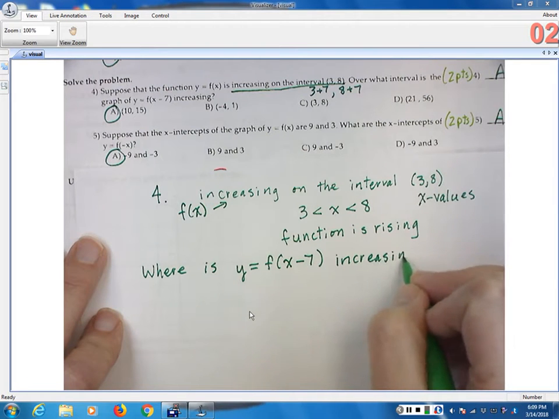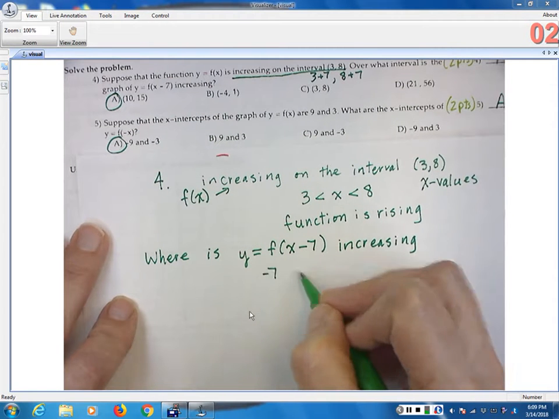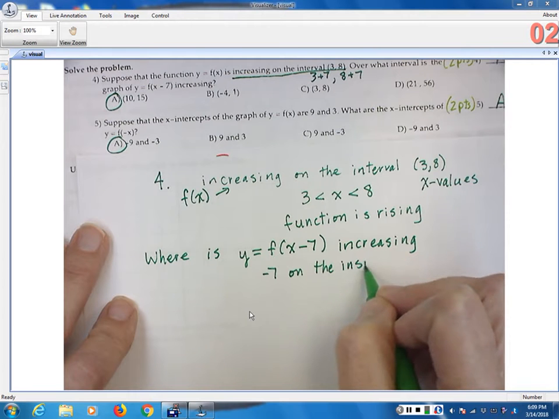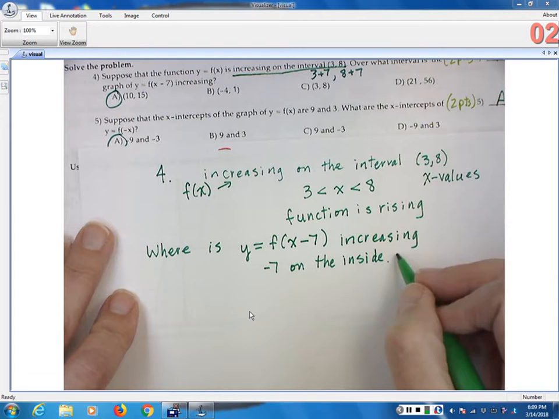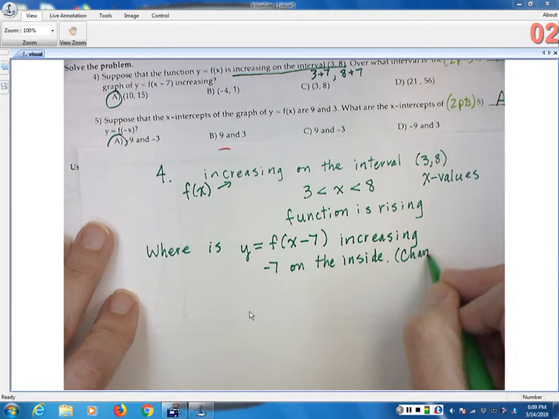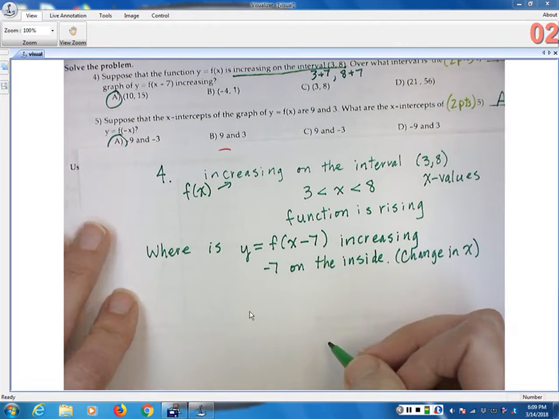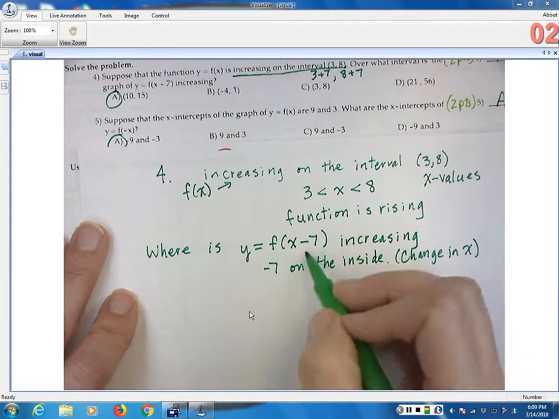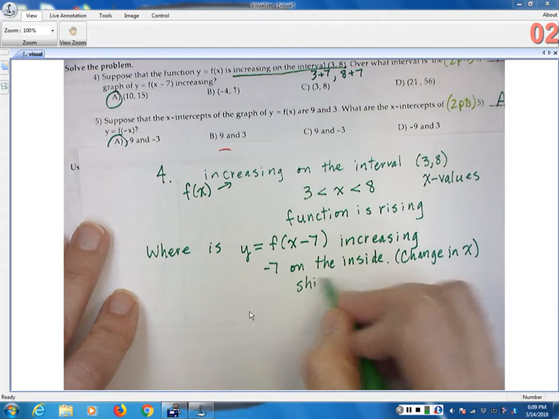So you had to know that when you subtract 7 on the inside, that's a change in x. It's a horizontal shift because it's on the inside. And which direction does it go? Well, the opposite way you would think. When you subtract 7 on the inside of the function, you're actually shifting right 7.